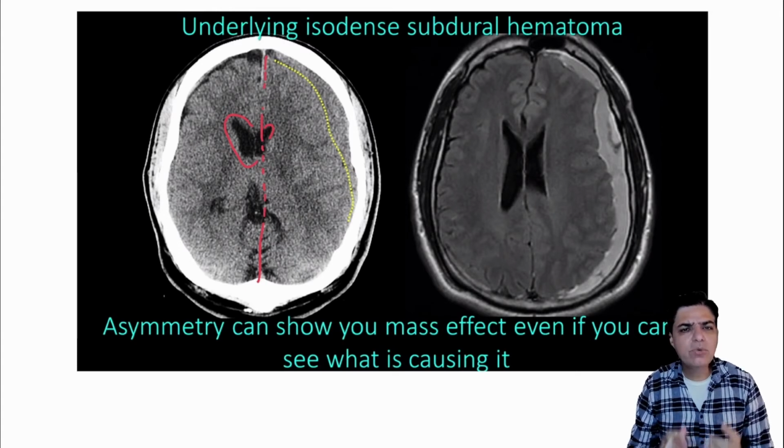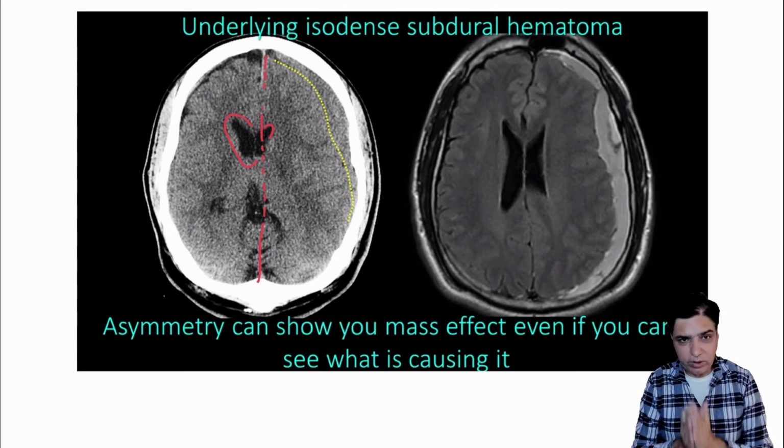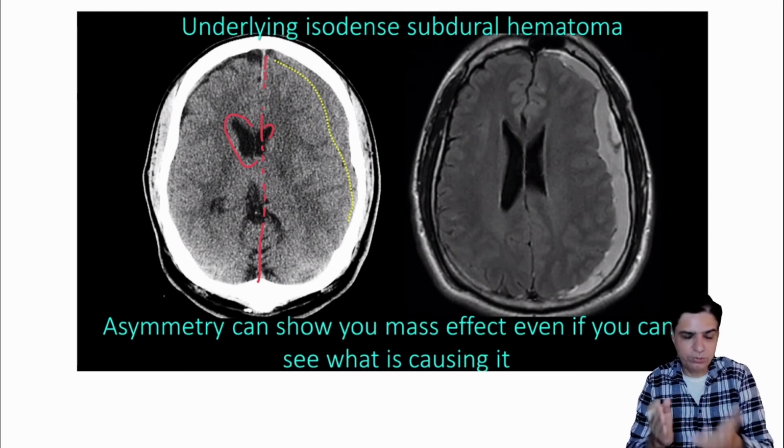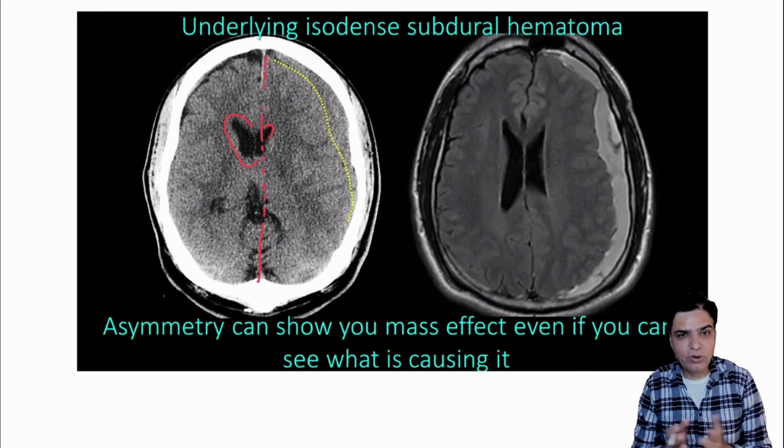Here you can't see any clear-cut whitish, hyperdense shadow which would tell you this is an extradural bleed or a subdural bleed or a subarachnoid bleed. But you can see that there has been a midline shift. Why? Because sometimes the blood does not appear white. If a little time has passed, it would appear isodense. Isodense means it is of the same shade as the brain tissue, so you're not able to pick it up.